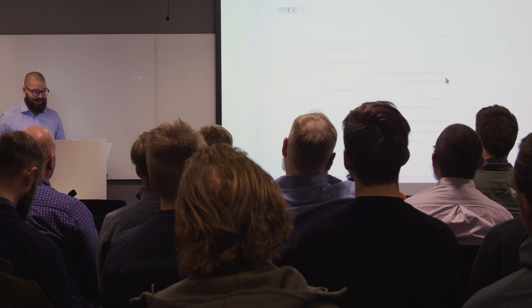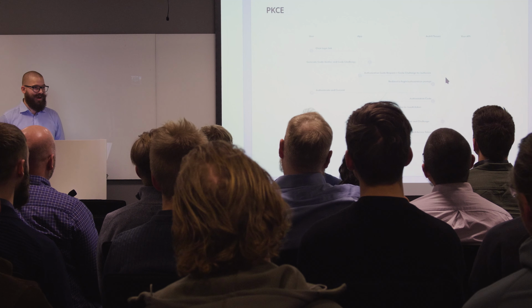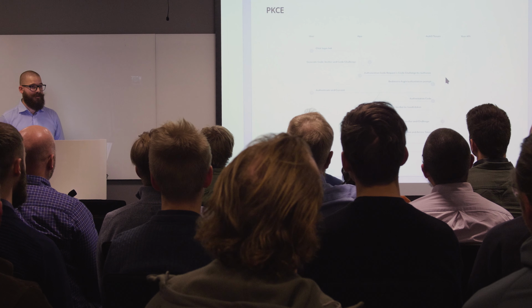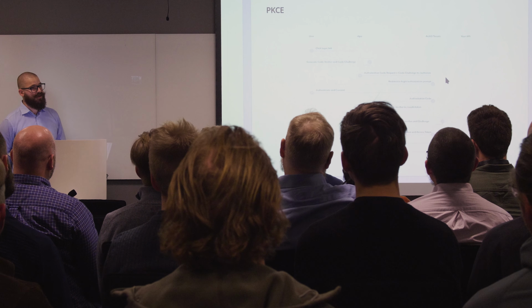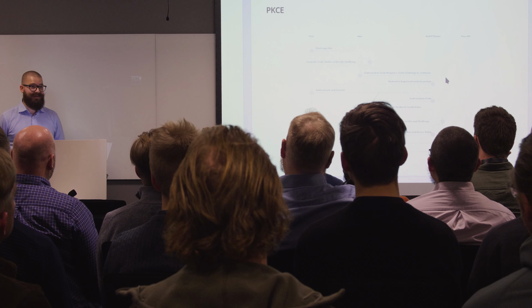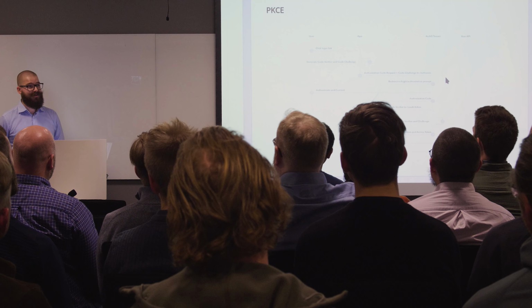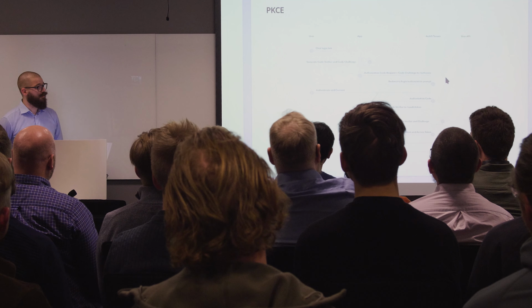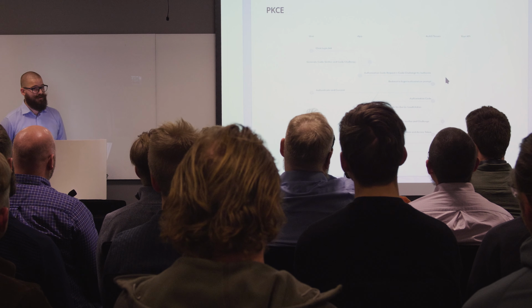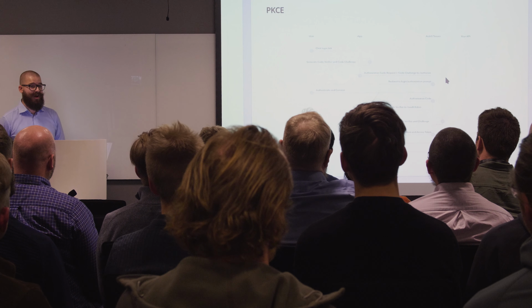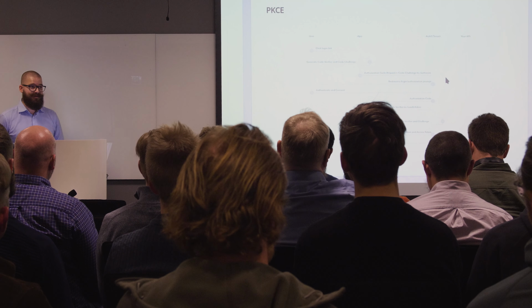And in comes PKCE. And the one big difference between authorization code flow and PKCE is that you don't have to manage the secrets. Now you're able to authenticate the users without actually having a shared secret.